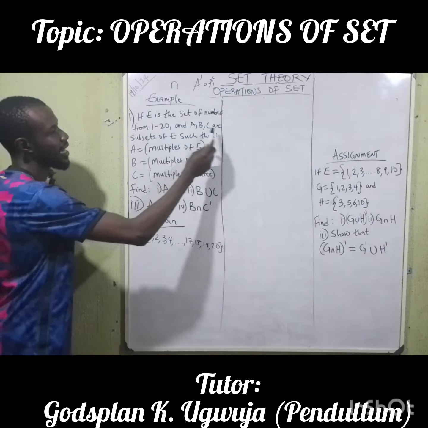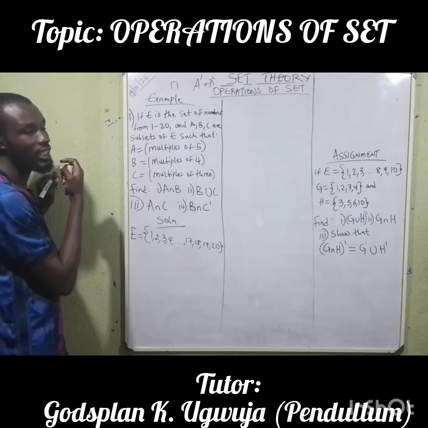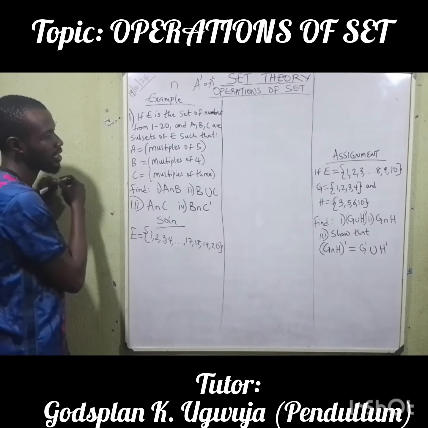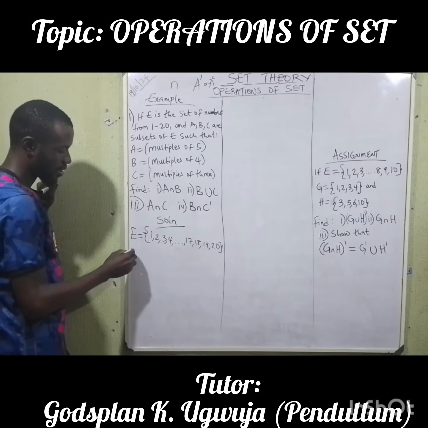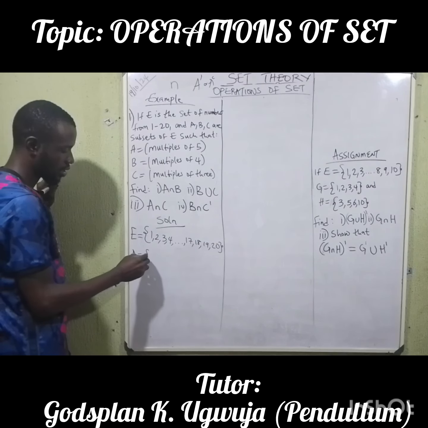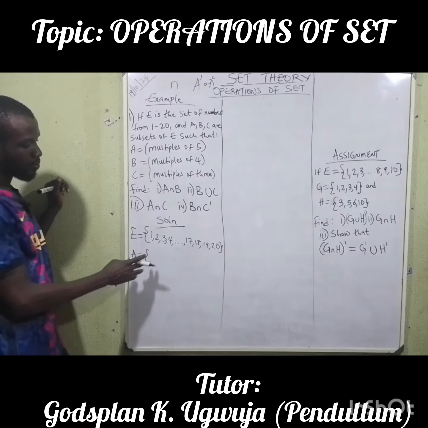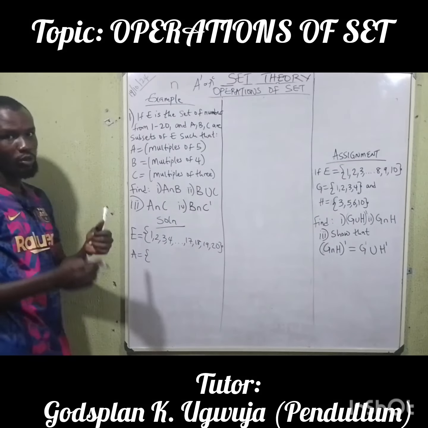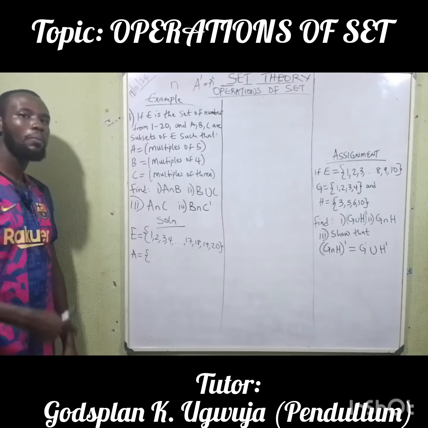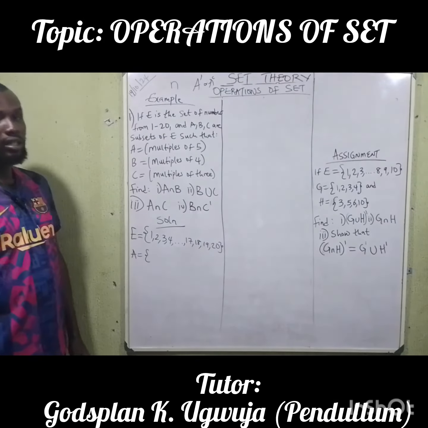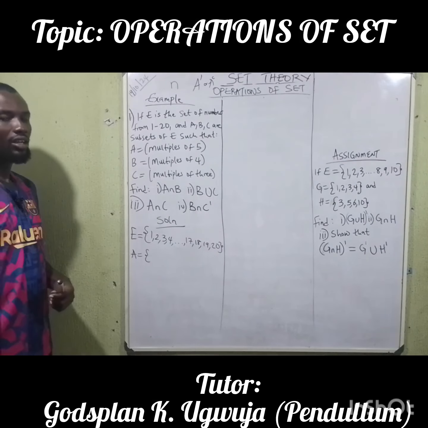And let's say A, B, and C are subsets of E, such that A is a set that contains the multiples of 5. So let's bring out the set A. Now, I hope you remember your primary school mathematics. Multiples means the numbers that a particular number can divide without remainders.